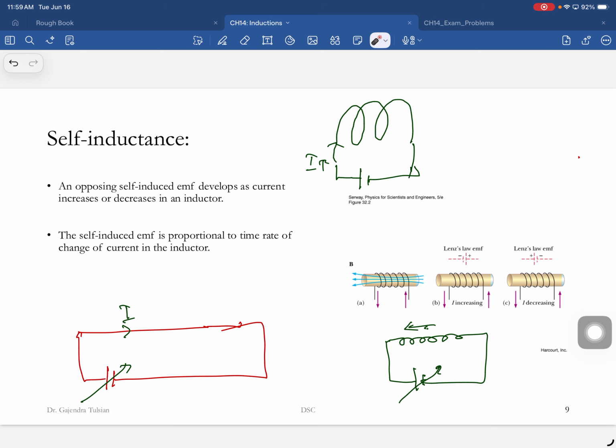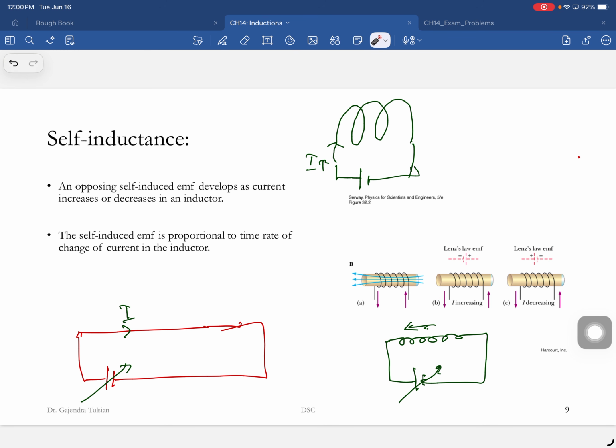Remember, we talked about it in the Large Hadron Collider. You had that huge cylinder packed with sensors, and there was a solenoid around it, producing a magnetic field in that cylinder. All right, so we'll talk about this. So self-inductance: a coil like this, when you pass a changing current through it, it'll produce an EMF.